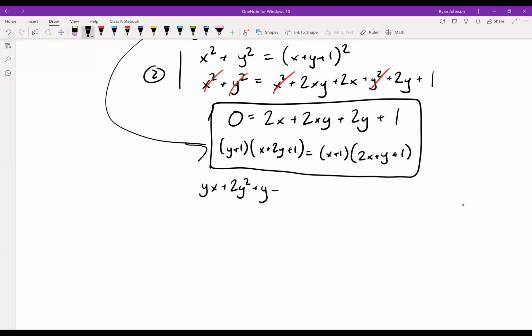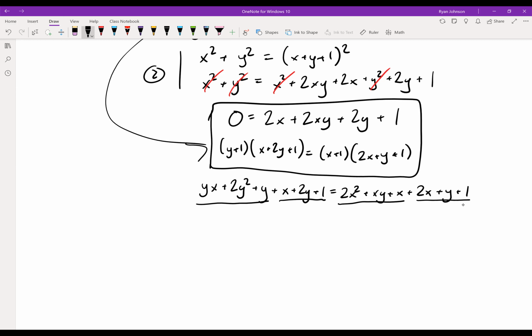Then 1 times everything is plus x plus 2y plus 1 equals, and then x times everything is 2x squared plus xy plus x. Then 1 times everything is 2x plus y plus 1. Okay, so these three terms were y times everything. These three terms were just the thing repeated. These three terms were x times everything. These three terms are just the terms repeated.